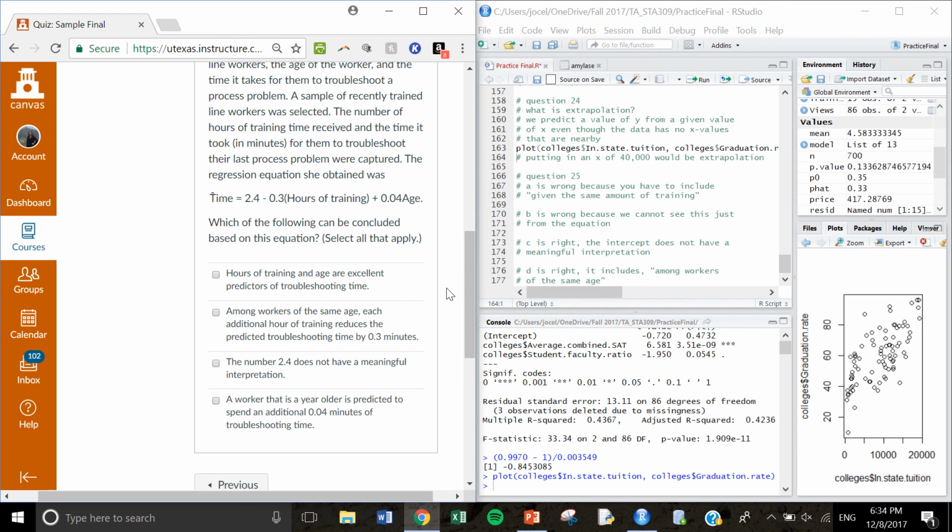From this LM equation, A says hours of training and age are excellent predictors of troubleshooting time. This equation doesn't tell us anything about how good of a prediction it is. That is the R-squared value. So this first one's not right. We don't know that from just the equation.